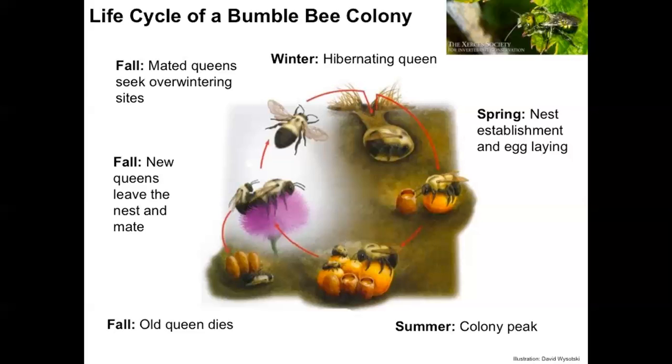Once she's constructed a suitable home, she begins to prepare for some offspring. In the spring, the queen builds what we call a waxy honey pot, and she puts in there nectar and pollen. After she collects that pollen, she forms it into a mound on the floor of her nest. Then she lays eggs in the pollen and coats it with wax secreted from her body.